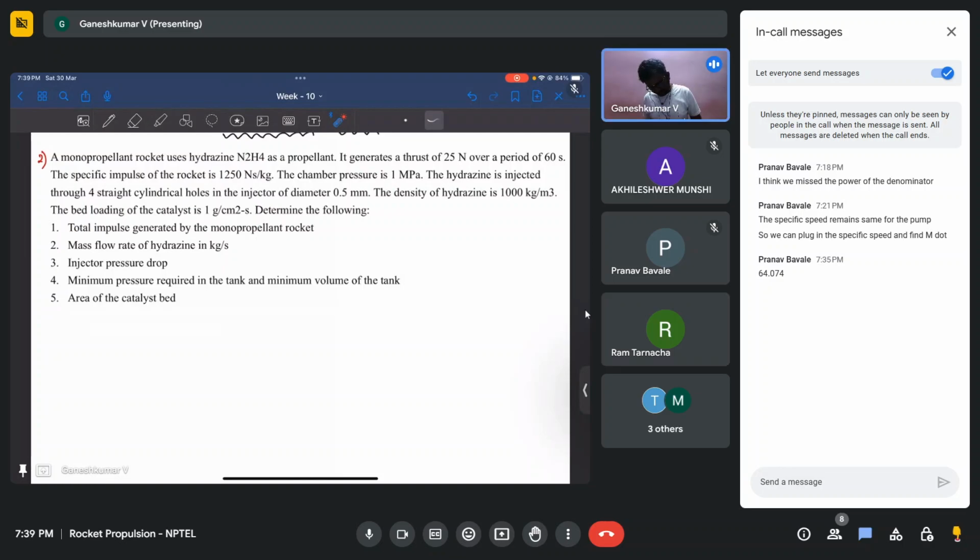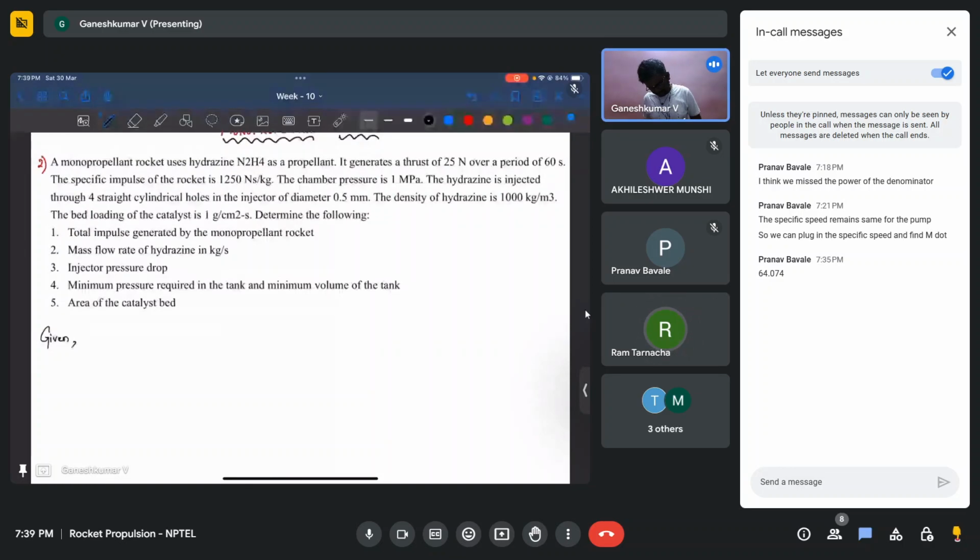So we have hydrazine as our propellant, and the thrust is 25 newtons. The specific impulse is 1250 newton second per kg. You can also write it in terms of meters per second, both are the same.